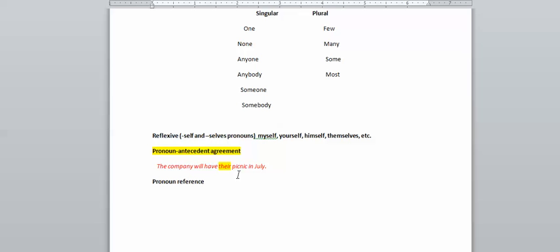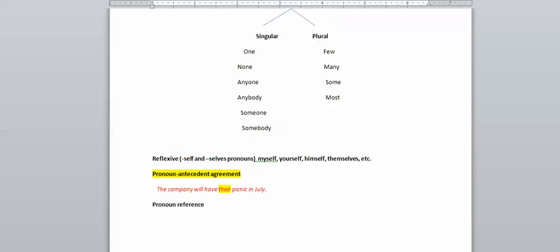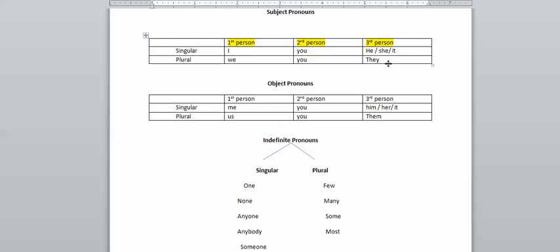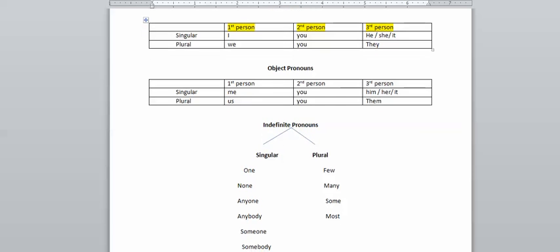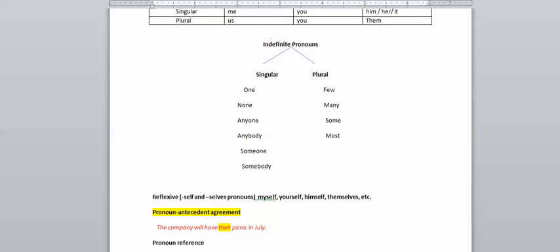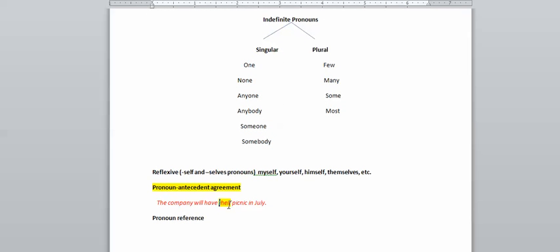Okay, so even though it's a possessive pronoun, it's still a pronoun. And remember from our studies before this that they is a plural, right? Their is based upon the pronoun they, and so it's a plural. Well, the problem is that the thing that their refers to, in other words, the antecedent of their, is the word company. This is what their is being used to refer to, right?